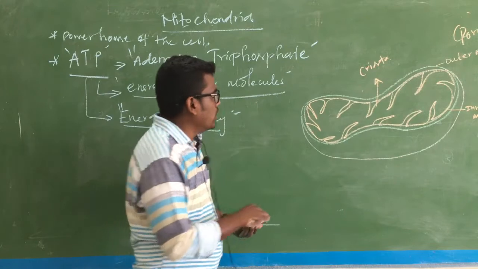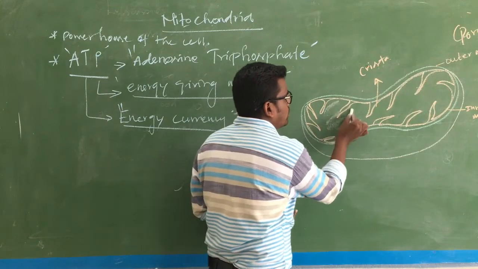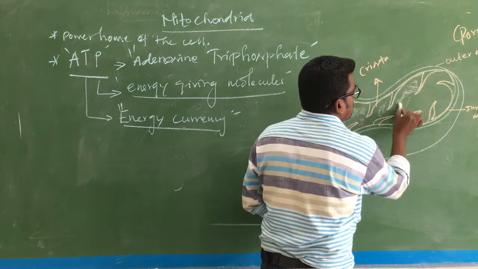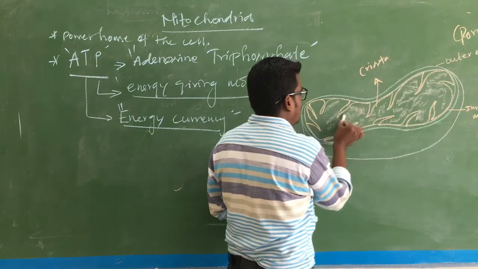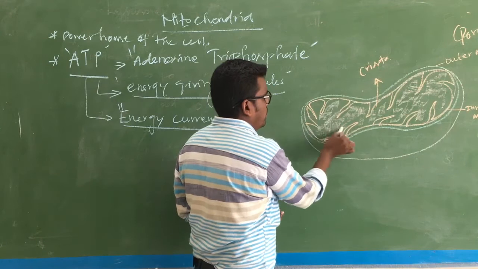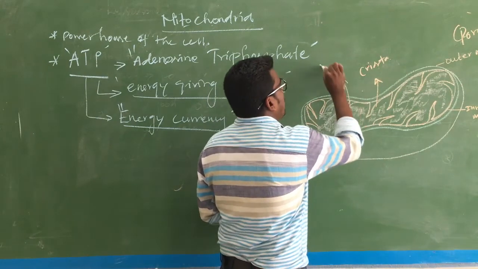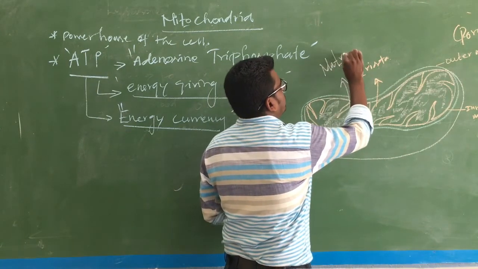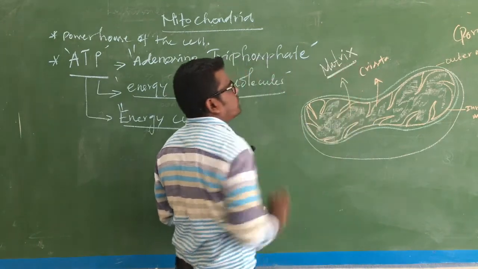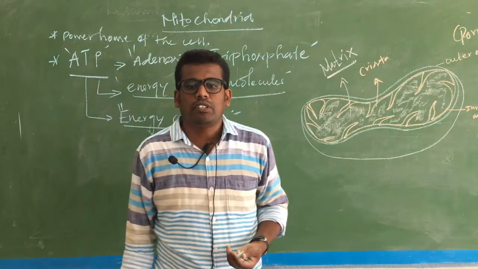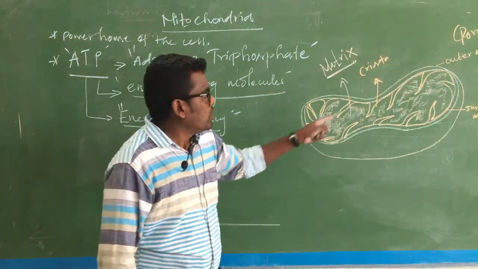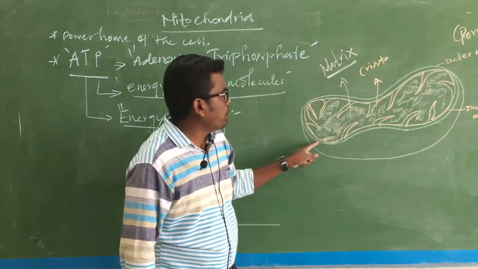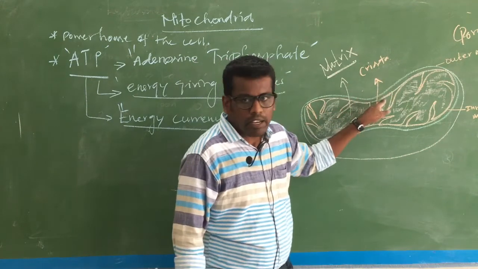And inside the mitochondria, fluid substances are there. The fluid substance is called the matrix. Again, this is the structure of the mitochondria. It has an outer membrane and an inner membrane.